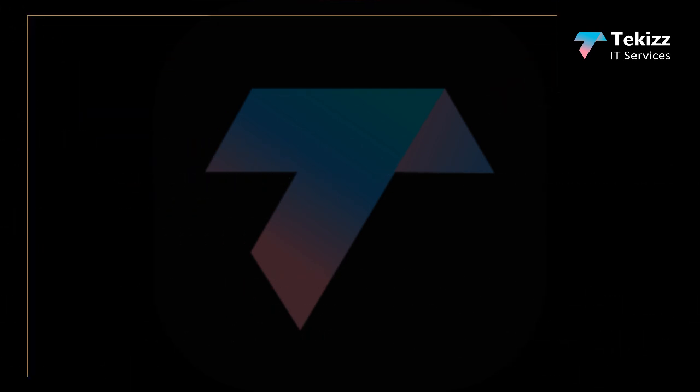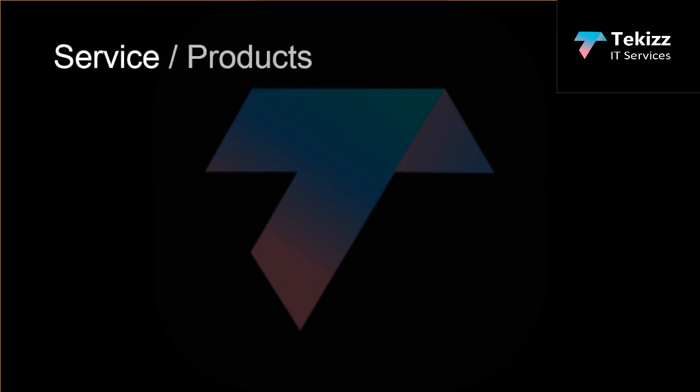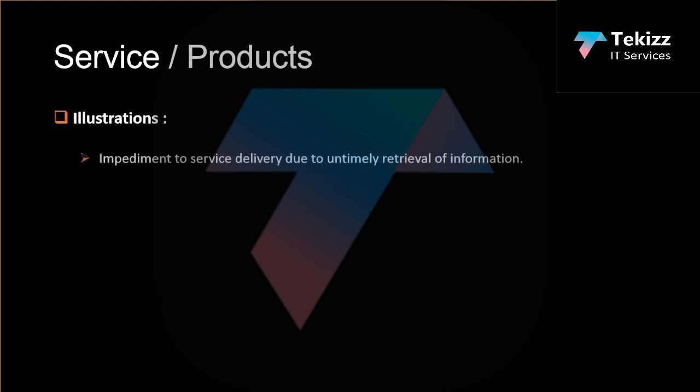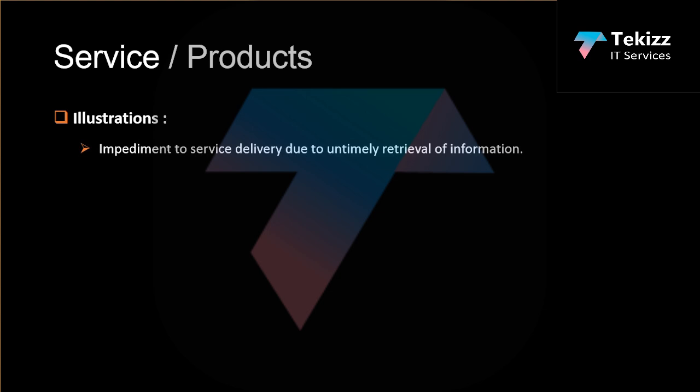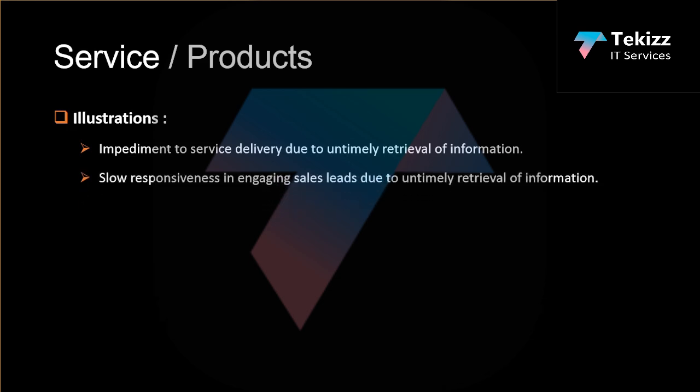Now coming to the next category, that is service or product. The illustrations will be impediment to service delivery due to difficult retrieval of information, slow responsiveness in engaging sales leads due to difficult retrieval of information, and a high level of product returns due to errors made on the sales order.